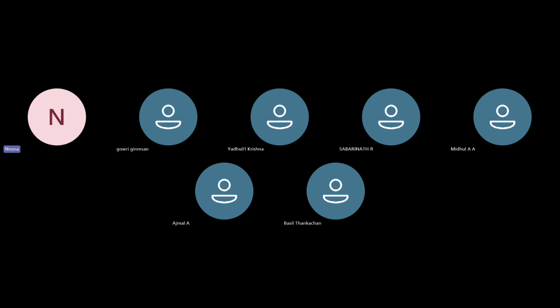Have you tried? Yes, ma'am. It's working for you? Yes. Okay, great. Then what we will do is we will try asking questions to each other, and we will finalize that and move on to the next method.